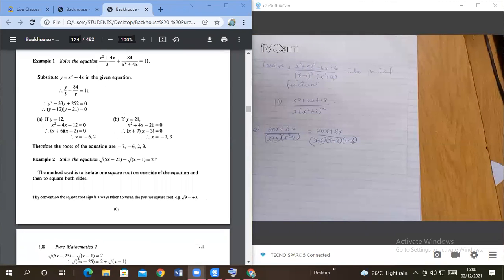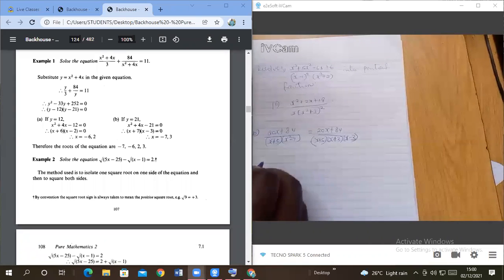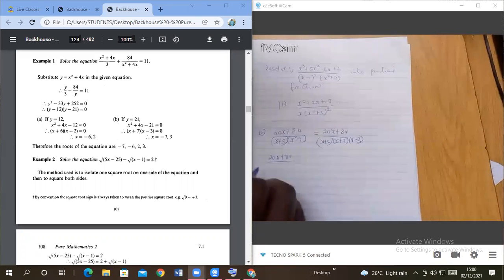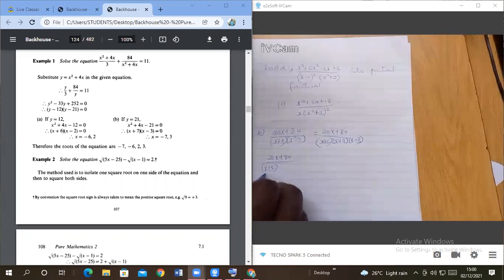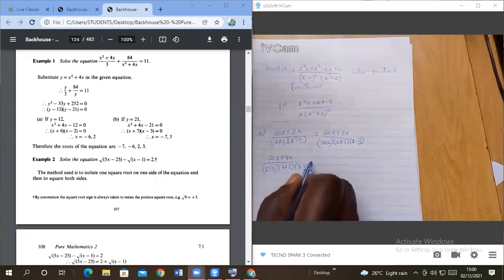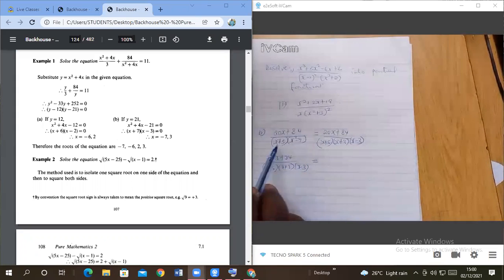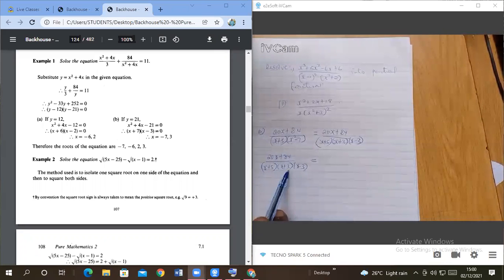Yes, so it means 20x plus 84 over x plus 5 into x plus 3, x minus 3 can be written as, now we can see that they have been expressed as a product of 3 linear factors, 1, 2, and 3.